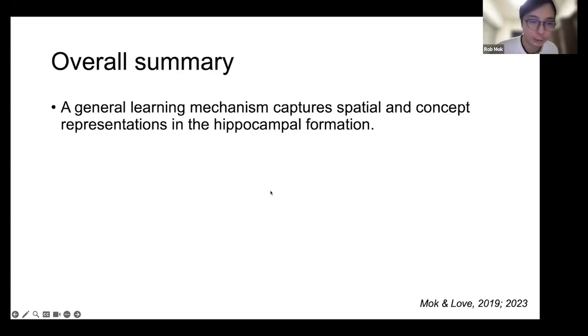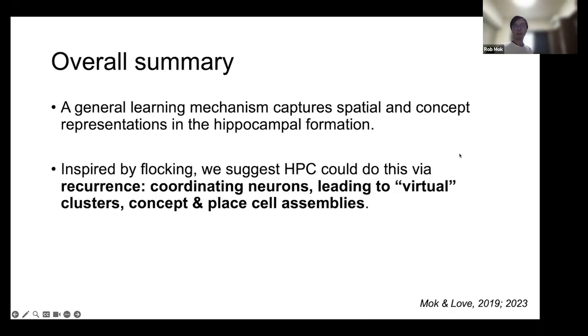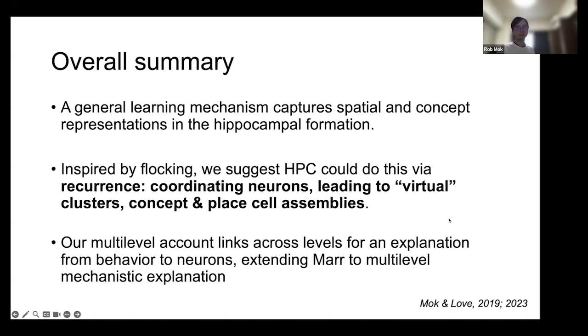The summary of the last two studies is that a general learning mechanism seems to capture spatial and concept representations with cluster formation. Inspired by flocking, we suggest that clusters could do this by recurrence. They coordinate neurons, and this leads to virtual clusters, concept cells, and place cell assemblies. So the multi-level account links across these levels, explaining behavior down to neurons.